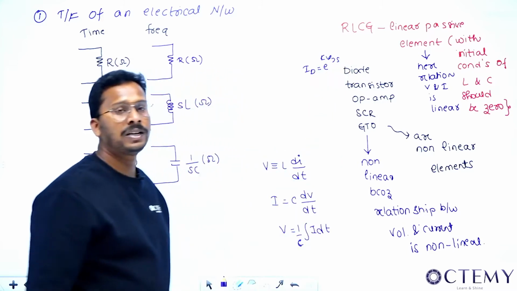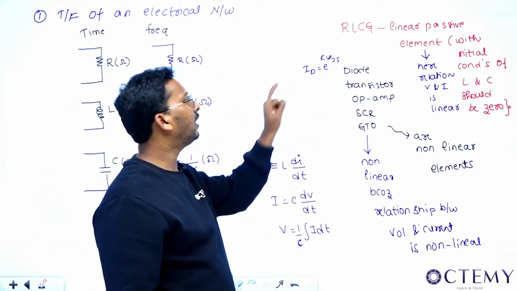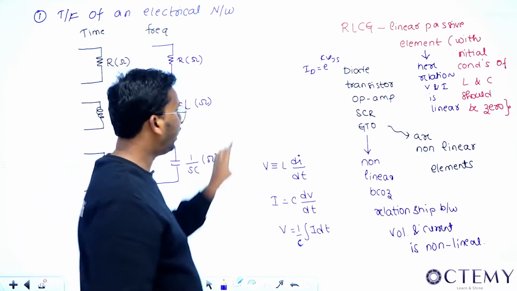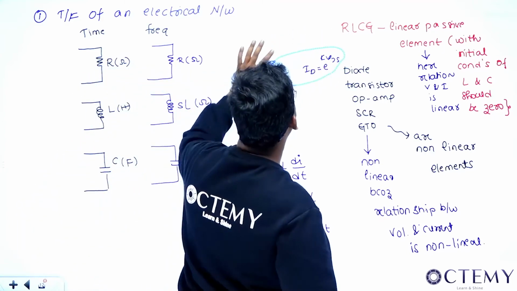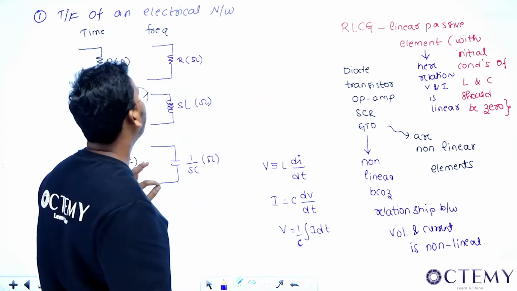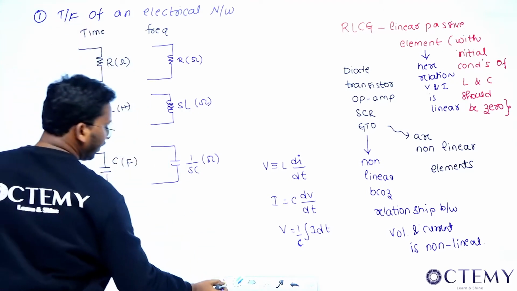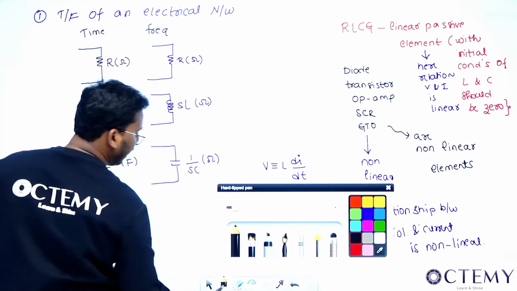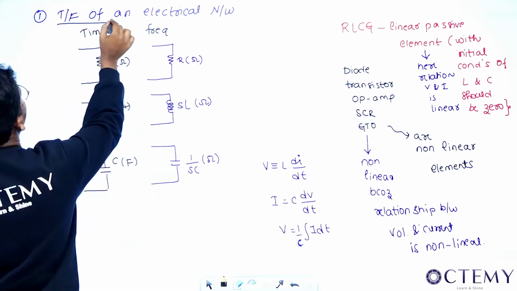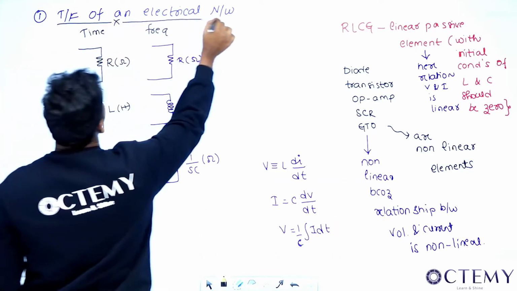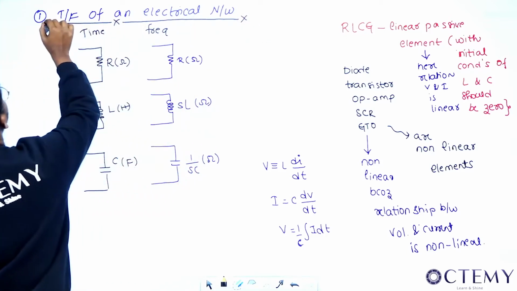We know that exponential is not linear, that's why this will become non-linear, right? So this is what we have about linear elements and non-linear elements. Whichever electrical network is made up of linear elements, for that only can we find the transfer function, sir.